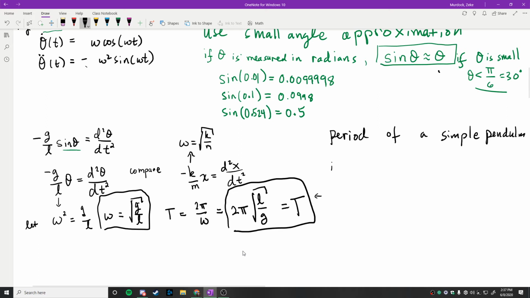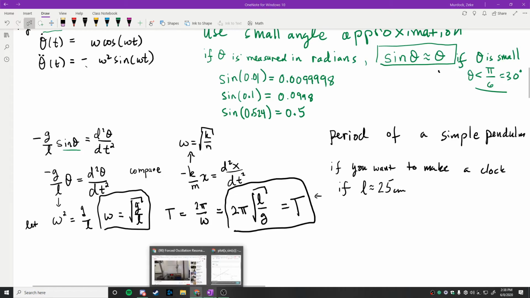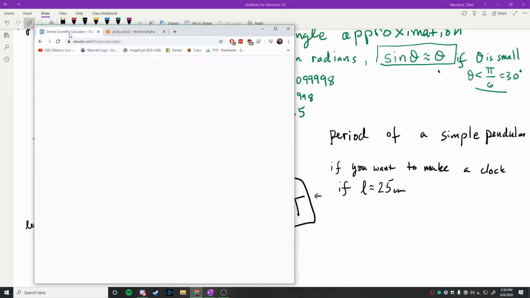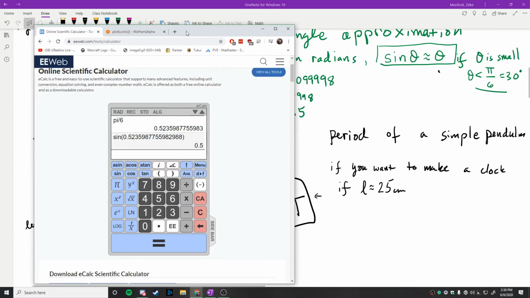If you want a clock, then if you make the length a little shorter than 25 centimeters, you can calculate right here. Suppose we make the length 25 centimeters, and we look at our equation.